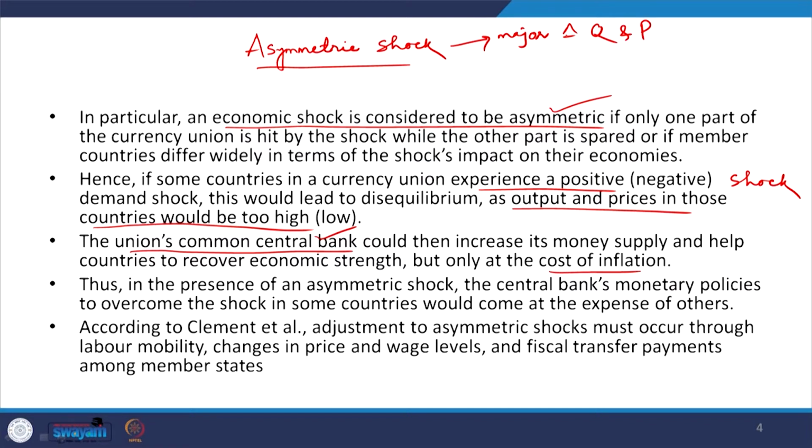That is one side we have discussed. The second aspect is the role of the common central bank, which would also lead to the discussion of the cost of inflation.